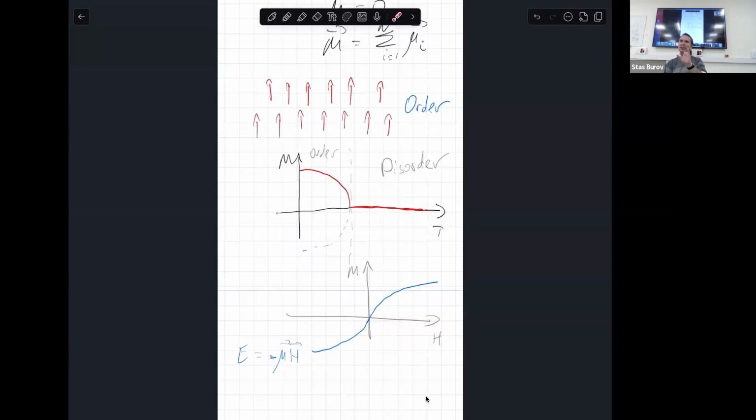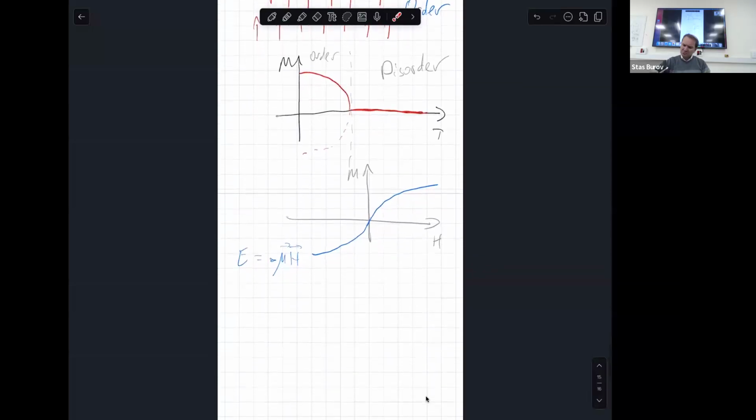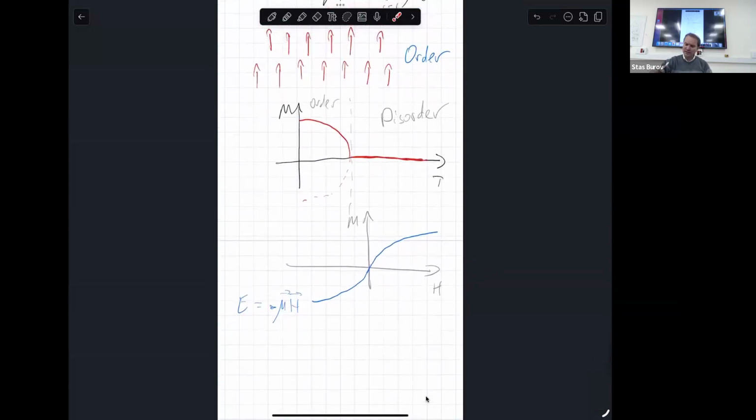Whenever you want to describe anything related to phase transitions, you have to take into account interactions. They're critical, they're sitting there, and somehow they're going to affect your whole behavior. Okay, now, a lot of words. By the way, this is also called spontaneous symmetry breaking.